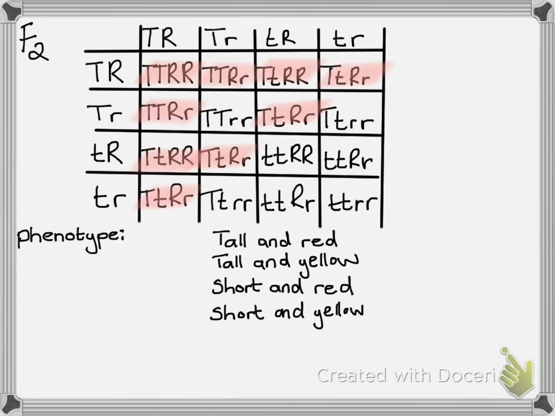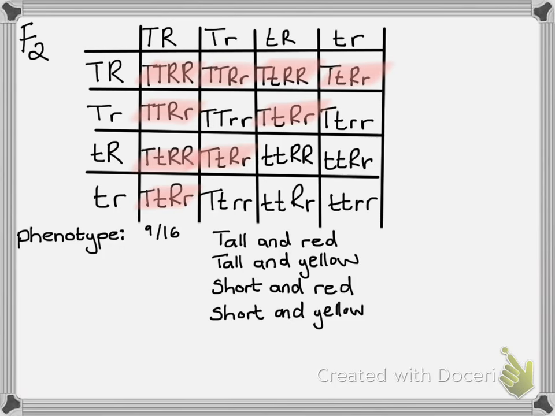Right, so now that I've highlighted all the ones that are tall and red, I can write that as a fraction. So we have 1, 2, 3, 4, 5, 6, 7, 8, 9. We have 9 out of the 16 that are tall and red. Now I can use a different color to look out for our tall and yellow.